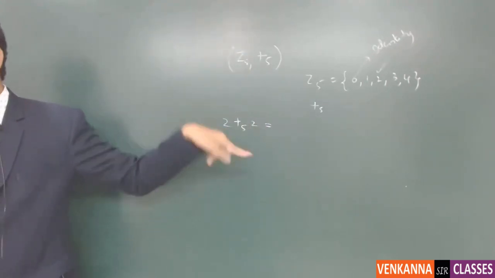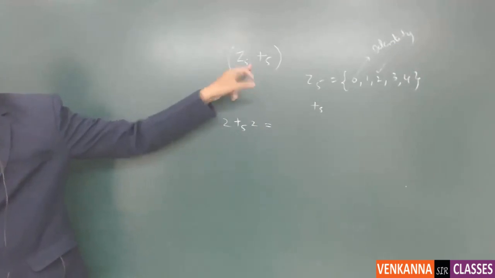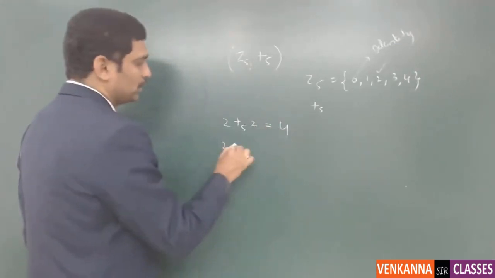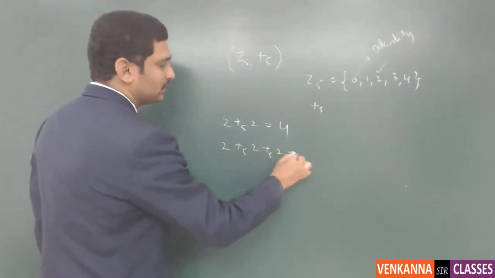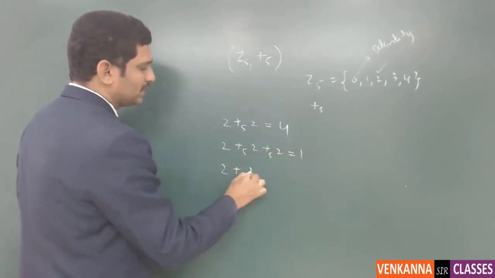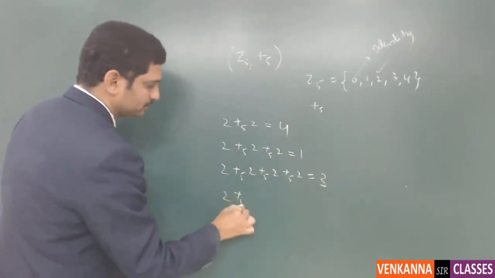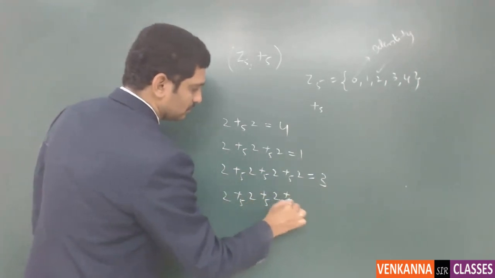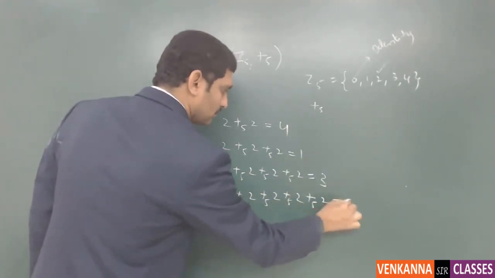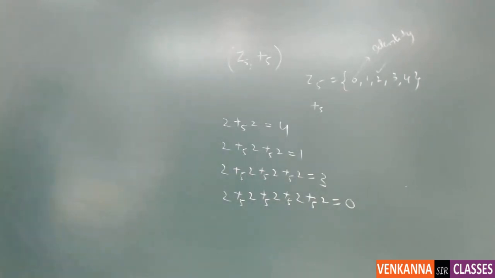Here we are adding 2 because the operation is addition. So this is nothing but 4. If you do 2 plus 2 plus 2, it is nothing but 1. If you do like this, it is 3. Do you accept? As per addition modulo m, we will get these results. Yes or no?